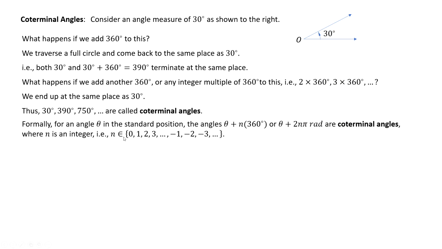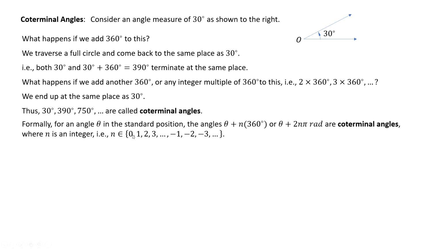whoa, what's this funny looking e? Well, that funny looking e simply means is an element of, or mathematicians shorten it to is in. So n is an element of this set. What is this set?